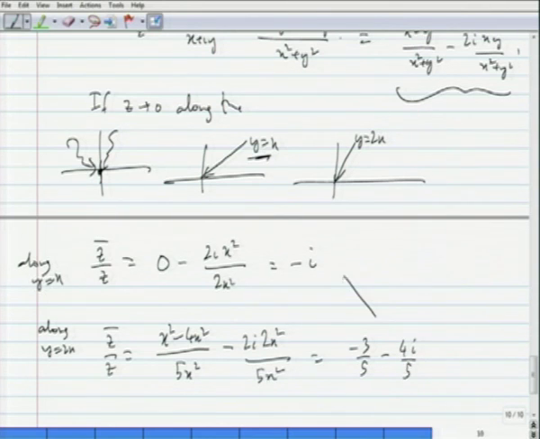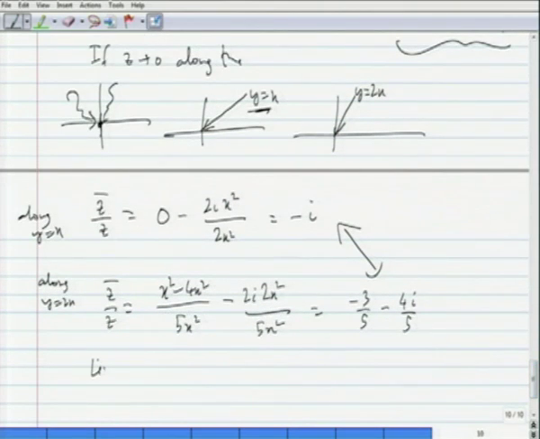And these two are clearly not equal. So, the limit as z goes to 0 of z bar by z does not exist. So, that is an easy example.